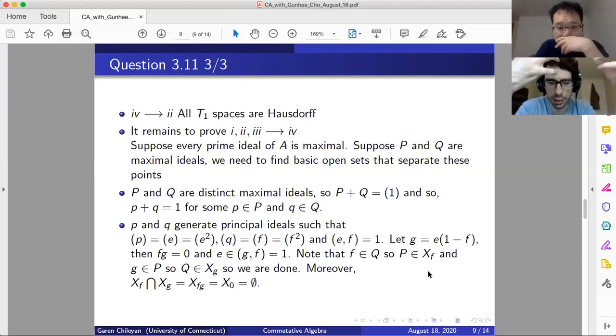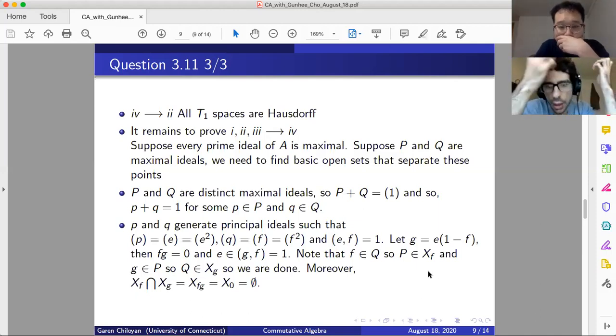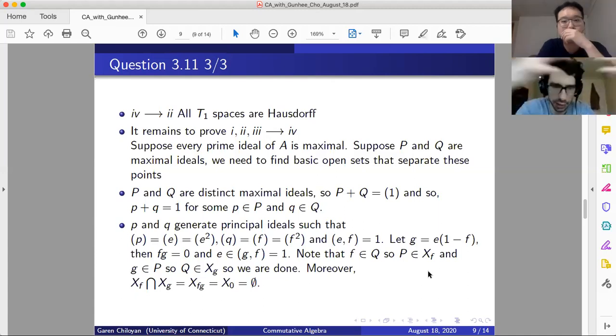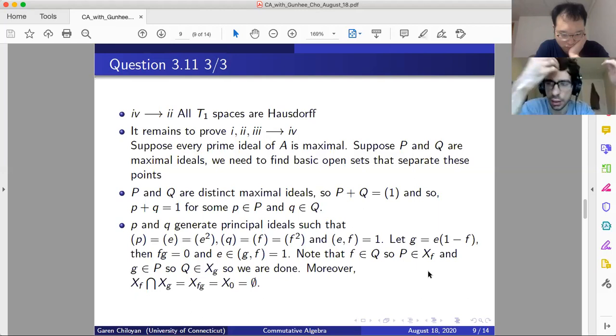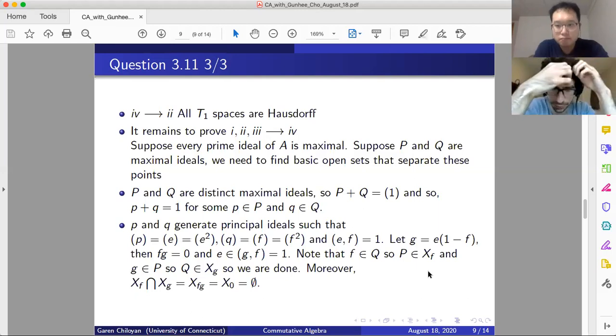It's the same thing as saying you can separate closed sets. So suppose every prime ideal of A is maximal. If P and Q are distinct maximal ideals, we need to find basic open sets that can separate these points in the Zariski topology.